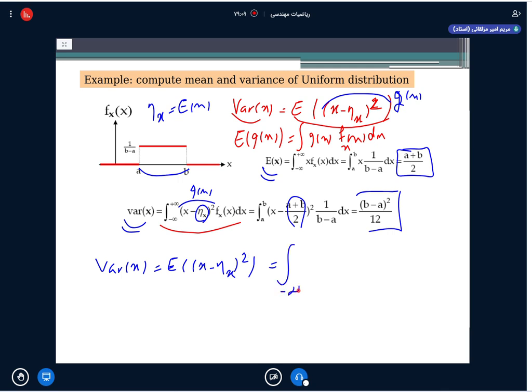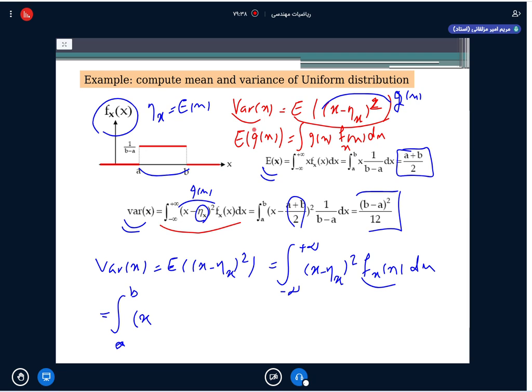We know that this is equal to this integral. Here f(x) is like this. We know that the PDF outside the interval between a and b is equal to 0. So this integral is limited to the interval between a and b.